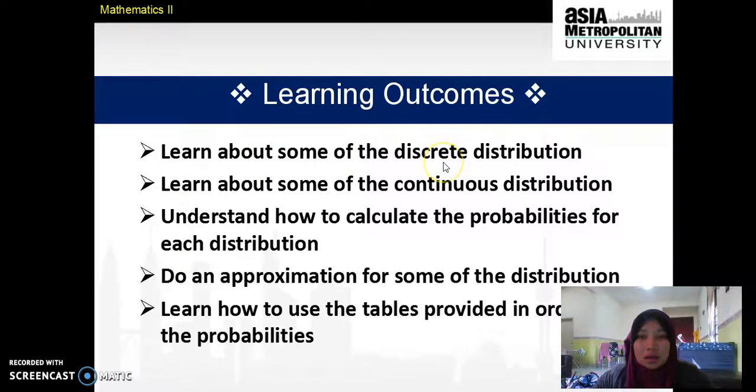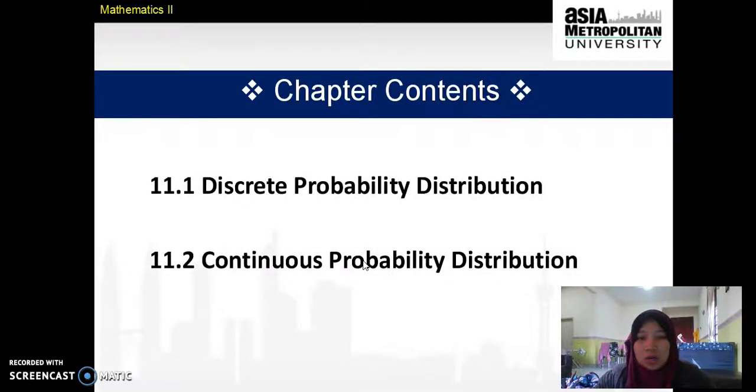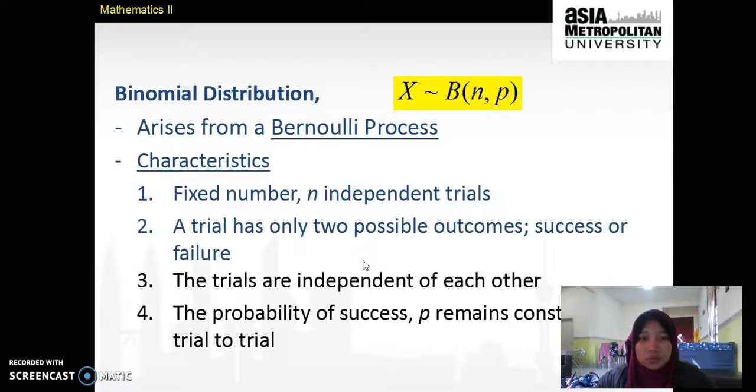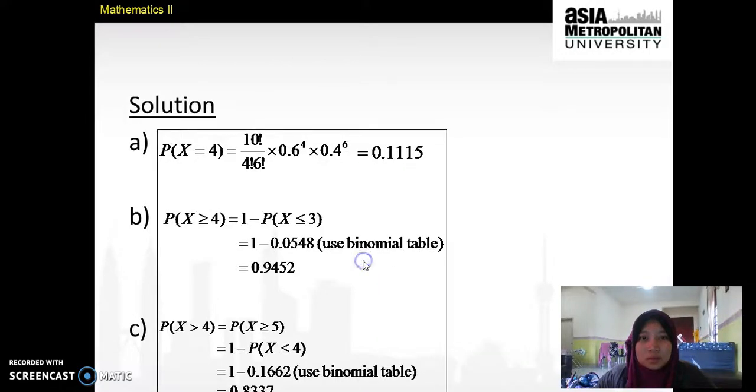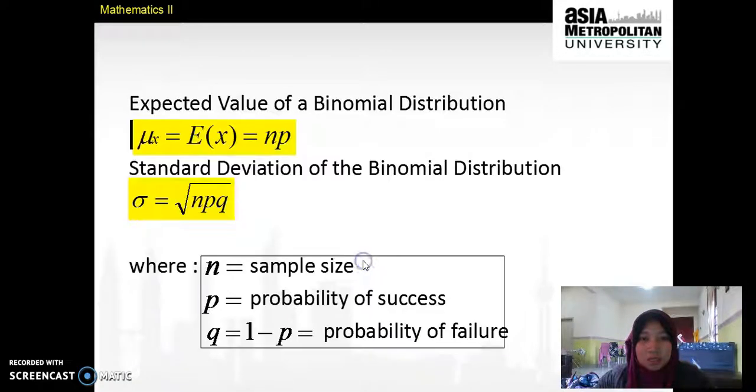They are discrete distributions and also continuous distribution. But we will focus on the continuous distribution. We will not focus on discrete distribution. So we will go straight to normal distribution.